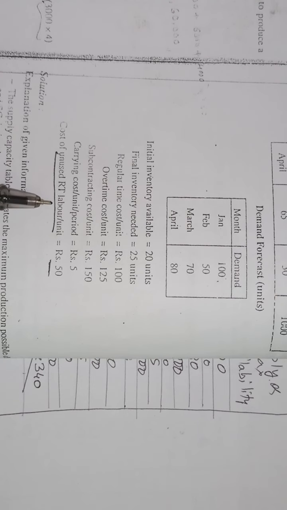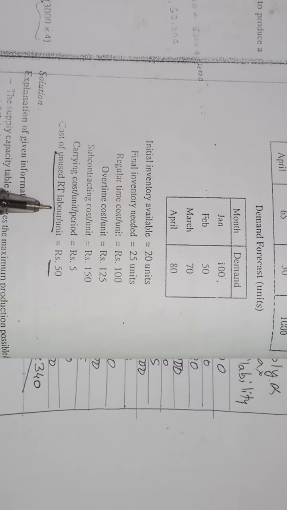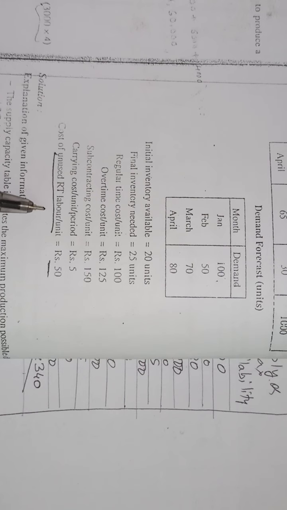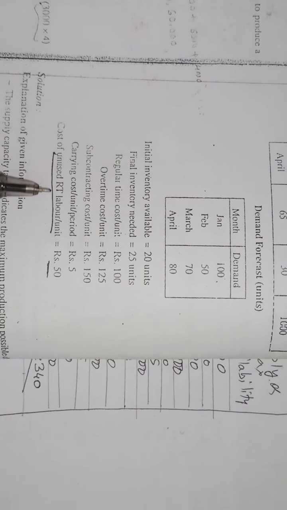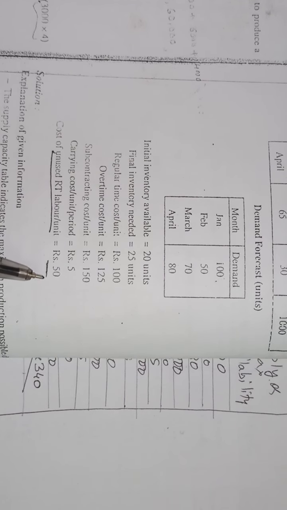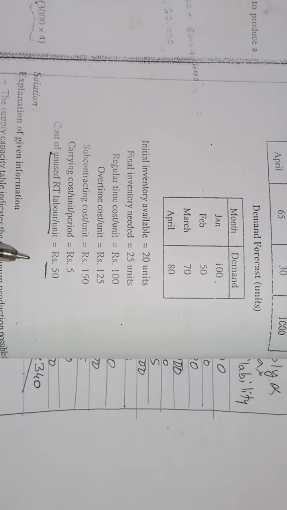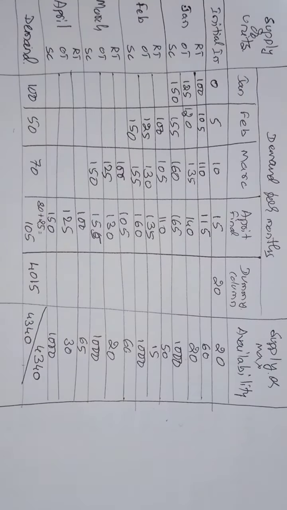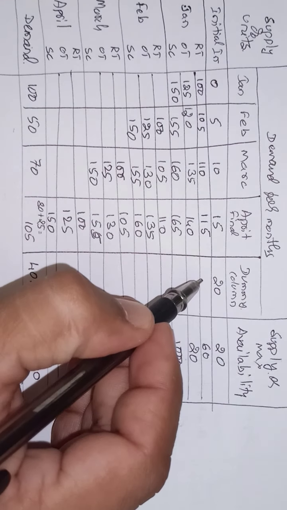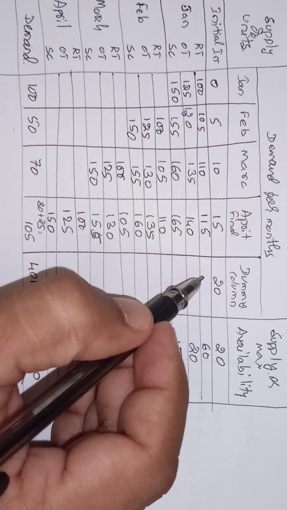So if that labor is not used to produce the product, meaning he is kept idle, they have to provide 50 rupees per unit. That has to be included in this dummy column if they have given the unused cost.